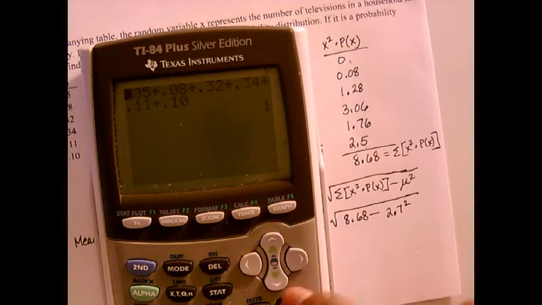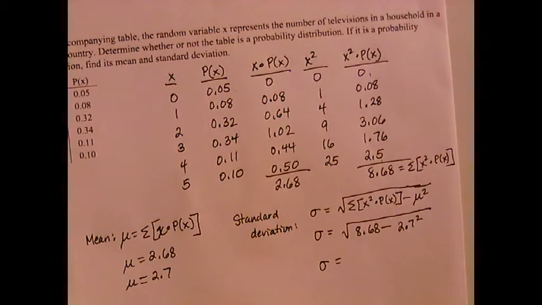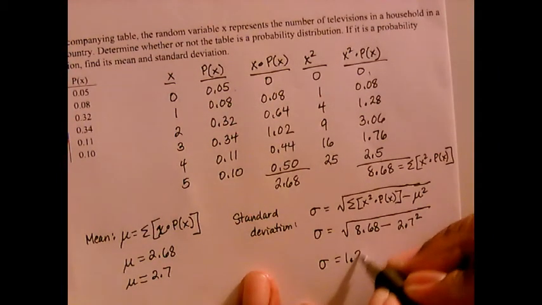So in this case, second and x squared, and then 8.68 minus 2.7, and that's squared, close parentheses, hit enter, you'll get, let's say to one decimal place, 1.2, because 1.178 rounds up to 1.2 to one decimal place.